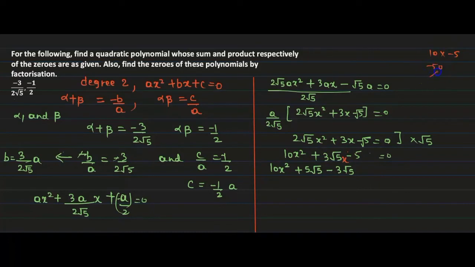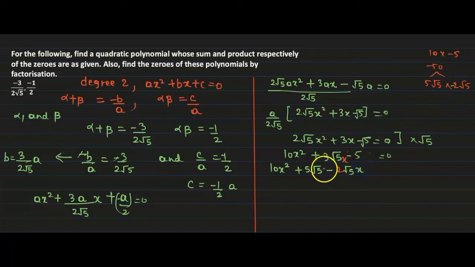Can I write it as 5 root 5 and 2 root 5? The product of 5 root 5 and 2 root 5 is minus 50, because this should be in the minus sign, because here we need plus. So the smaller part should be in the negatives.